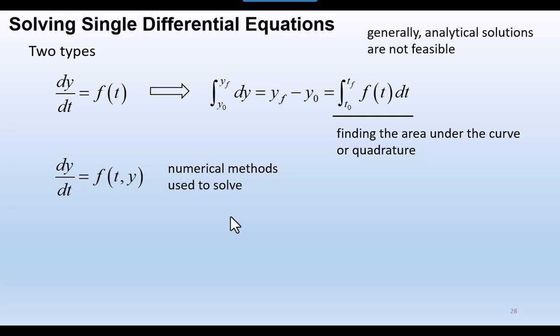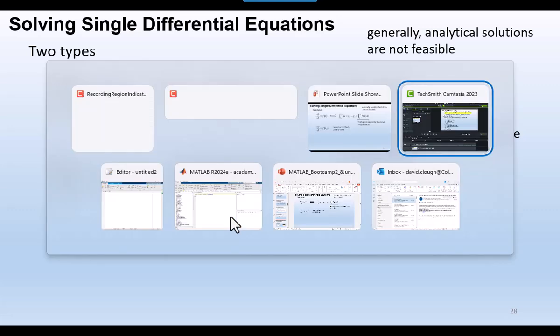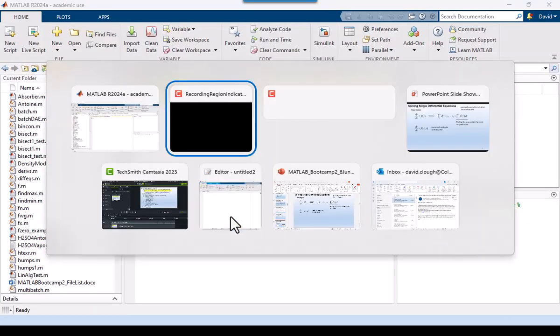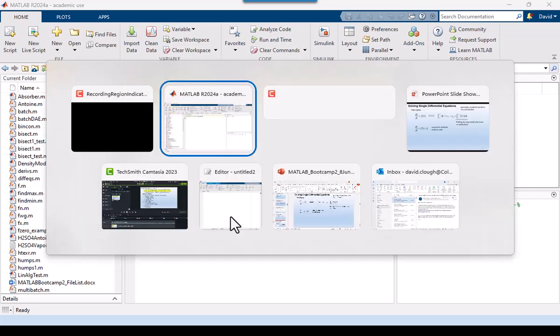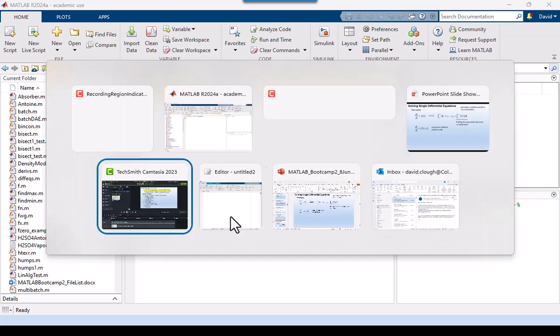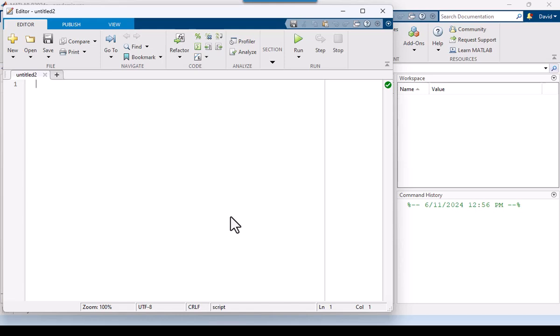So let's take a look at a quick example of the first type, quadrature, over with MATLAB here. This is going to be a very simple example where I'm going to define an anonymous function in a little different way than we've done before.